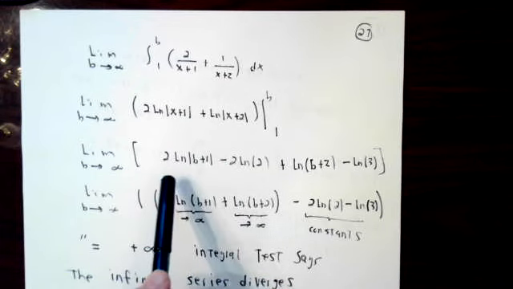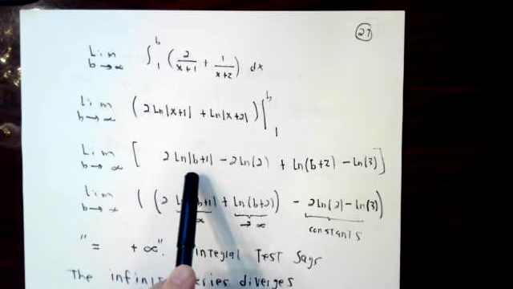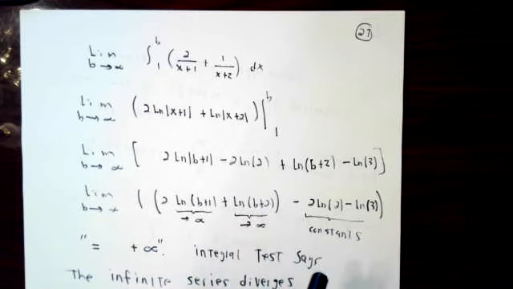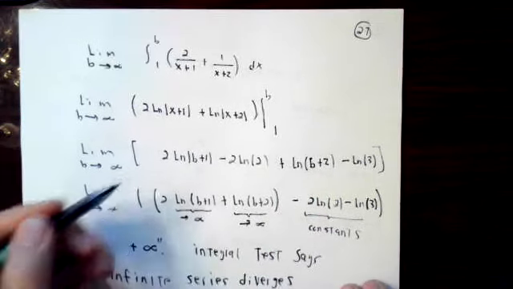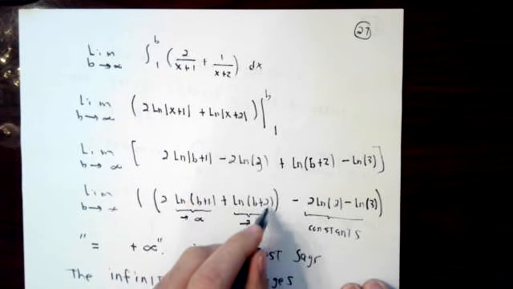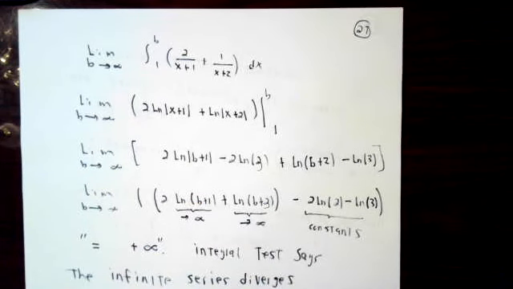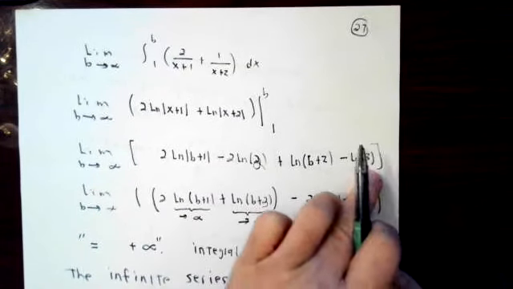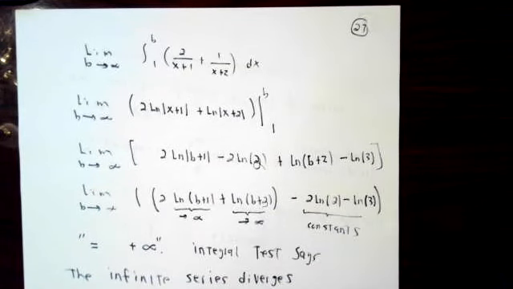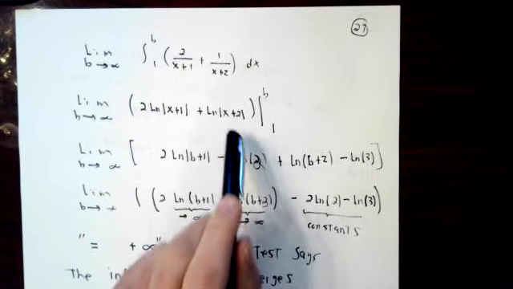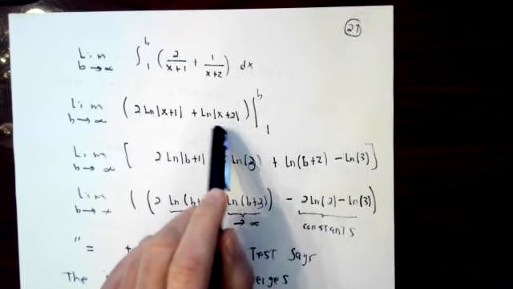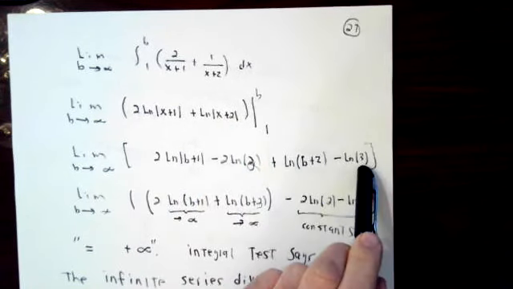So I'm going to have 2 natural log of b plus 1 minus 2 natural log of 2 plus 1, which is 3, plus natural log of b plus 2 minus natural log of 1 plus 2, which is 3.